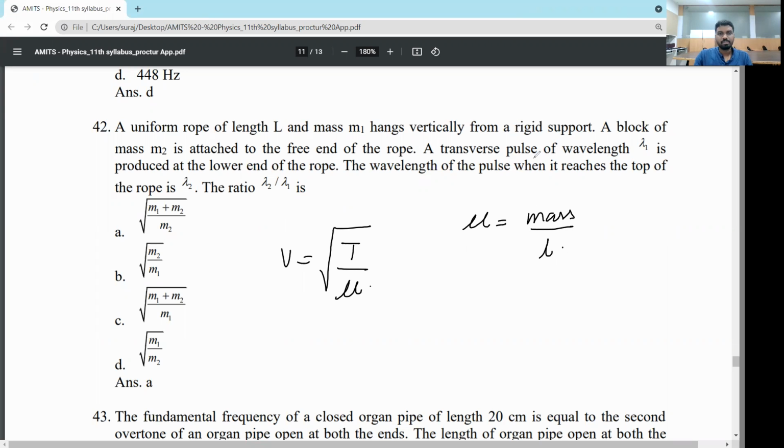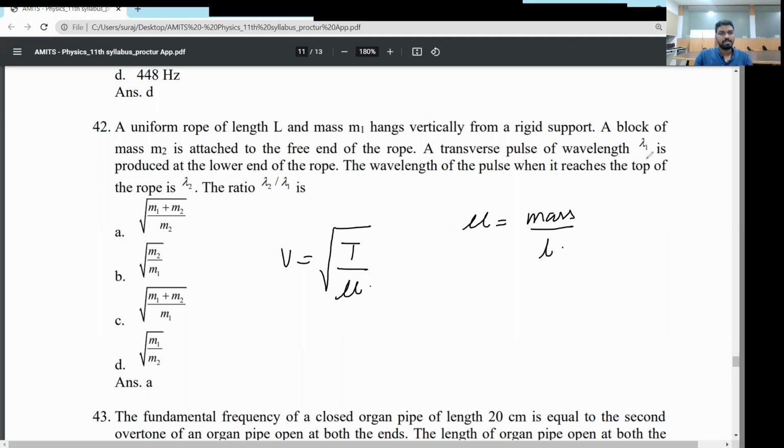So in the first case, what is happening? The transverse pulse of wavelength λ1 is produced at the lower end of the rope. The wavelength of the pulse when it reaches the top of the rope is λ2.